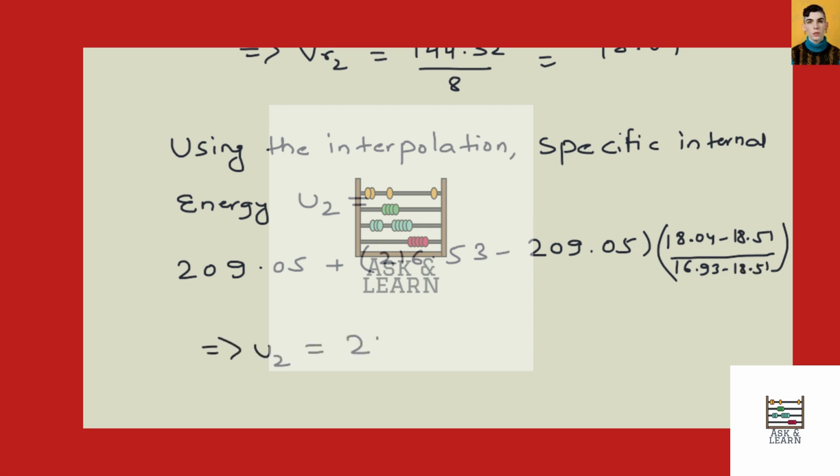On solving, we get U2 is equal to 211.275 BTU per lbm.